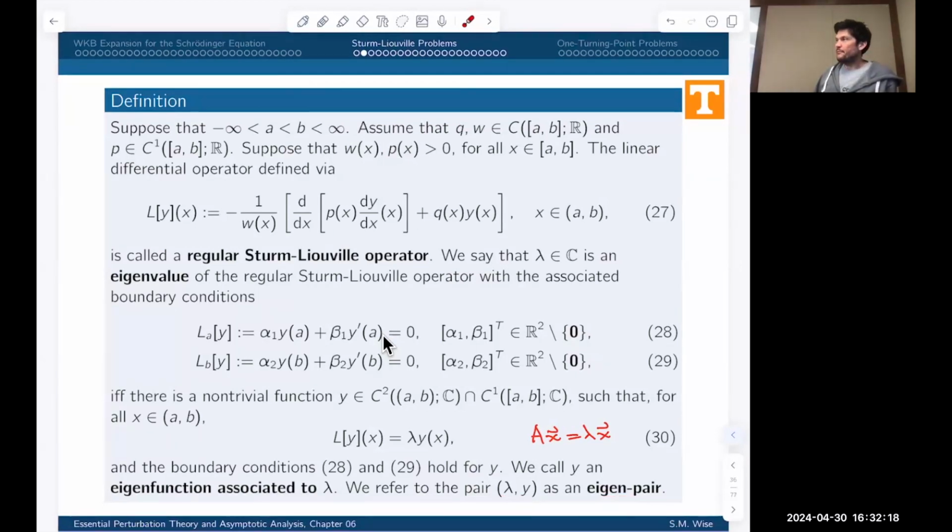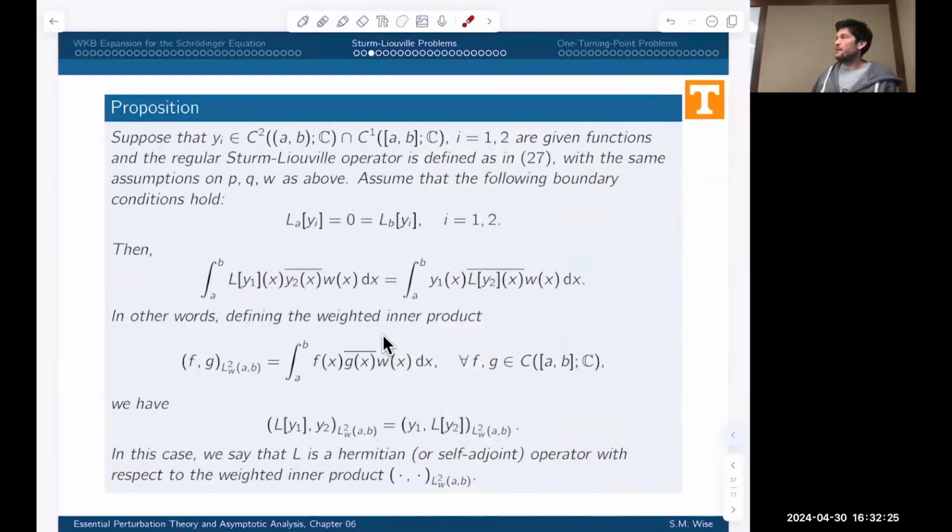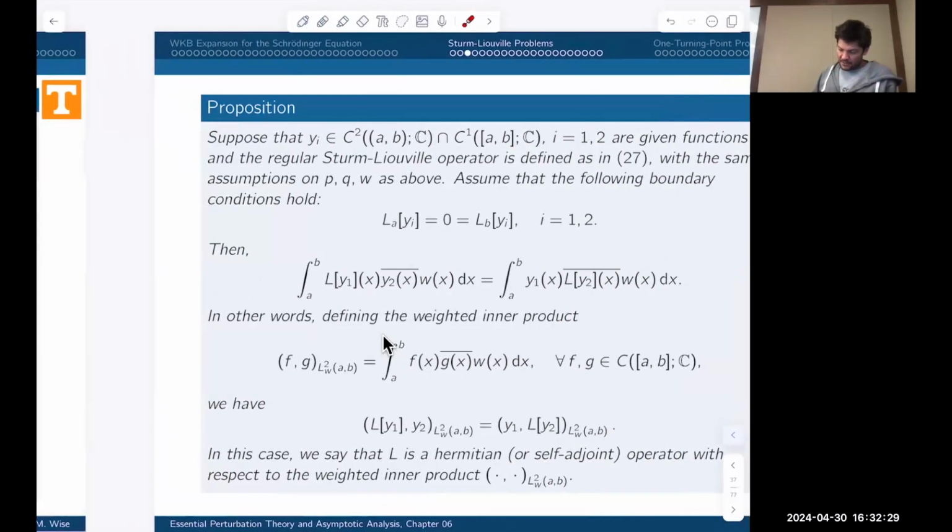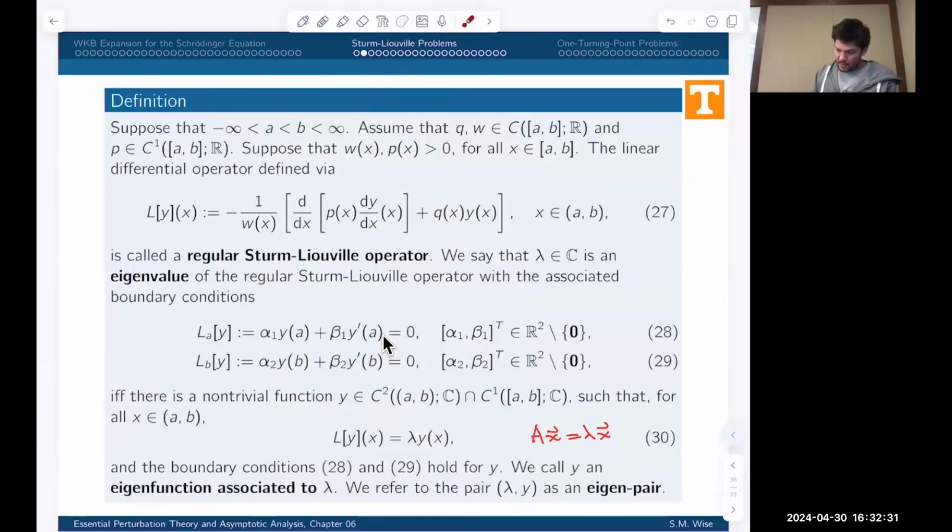You're probably familiar with some very famous versions of this. I didn't come prepared to write an example, but let's think about one really quickly. Suppose w is equal to 1, p is equal to 1, and q is equal to 0. That's the most famous version.